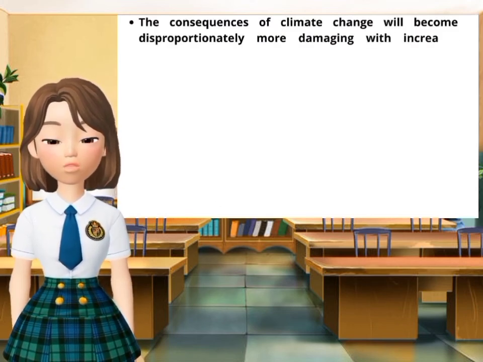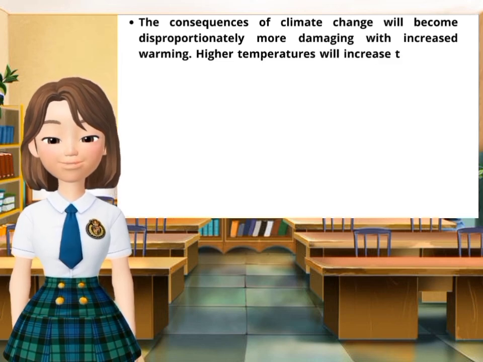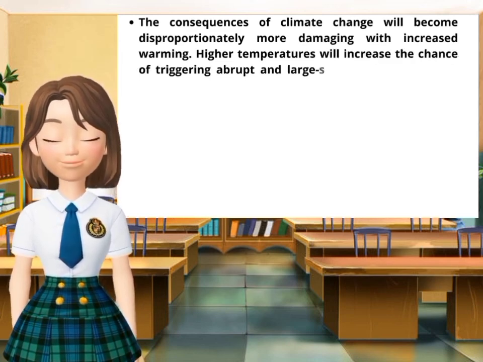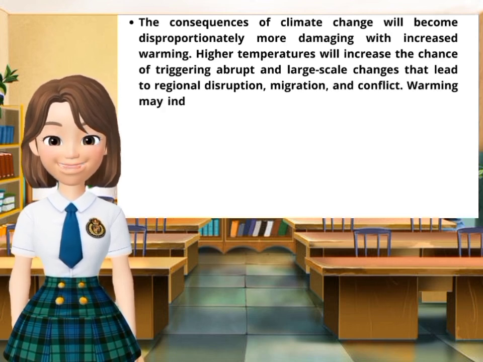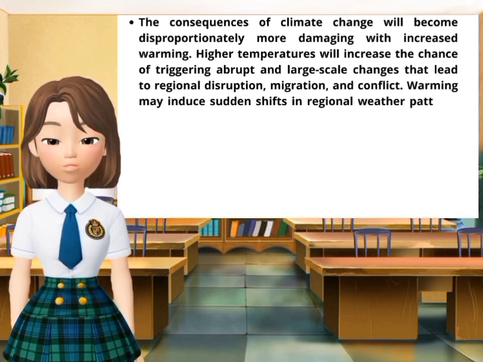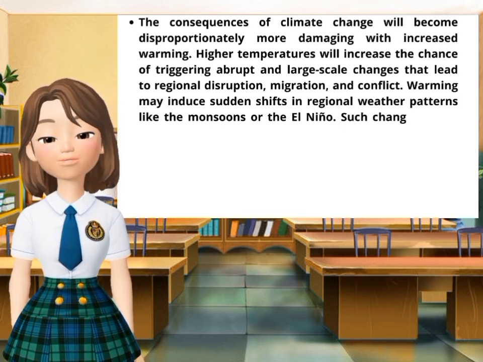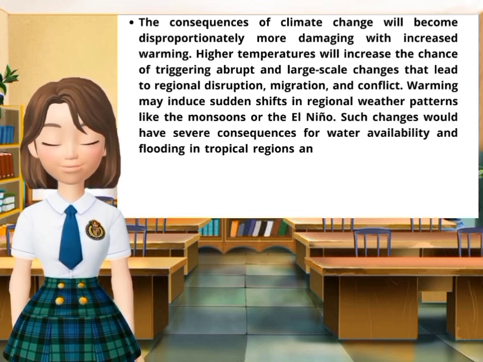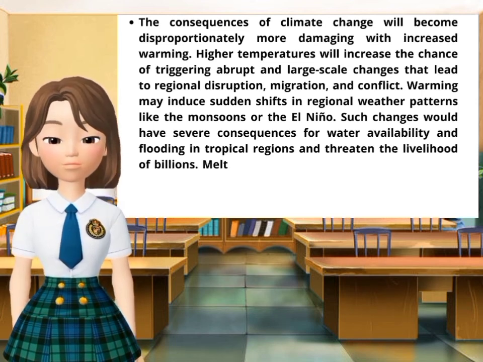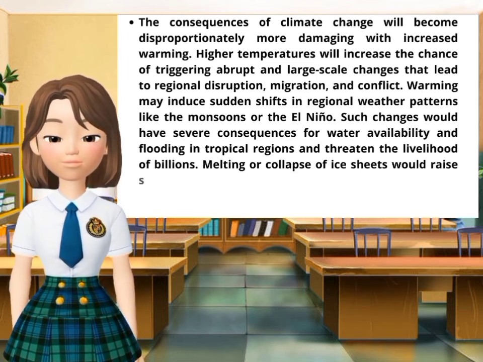The consequences of climate change will become disproportionately more damaging with increased warming. Higher temperatures will increase the chance of triggering abrupt and large-scale changes that lead to regional disruption, migration, and conflict. Warming may induce sudden shifts in regional weather patterns like the monsoons or the El Niño.